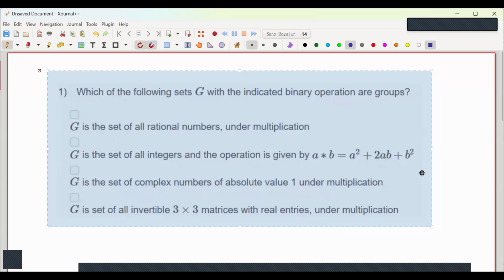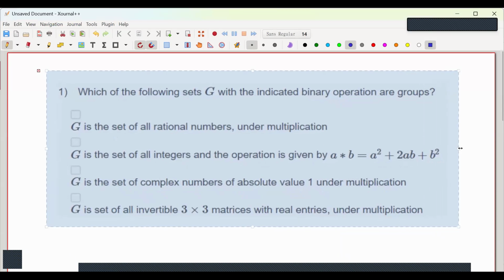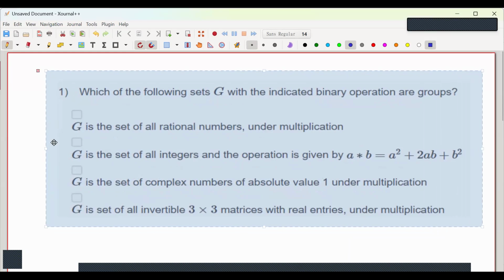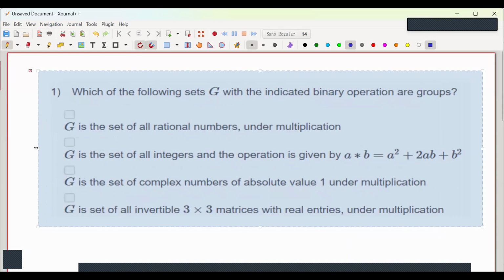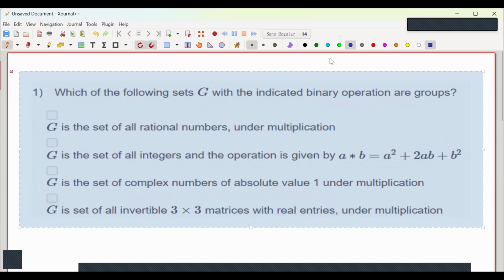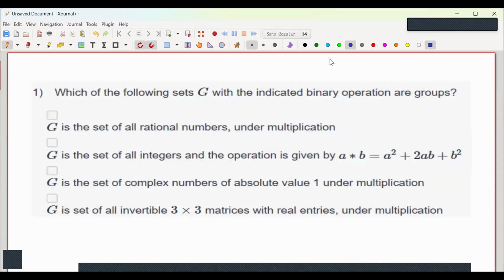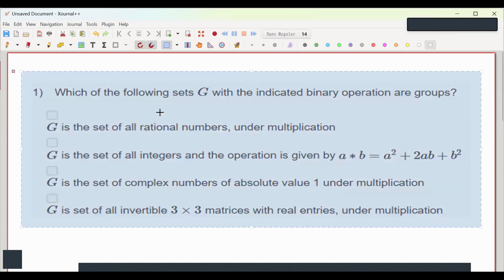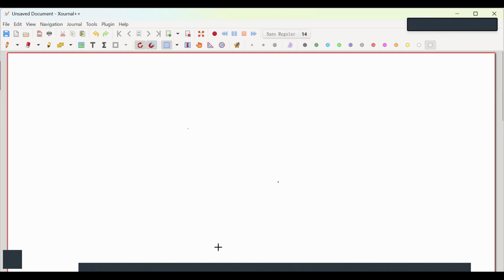Okay, you can see the question, right? Sir, I think this is from a different assignment. Yes, it's the very first assignment.